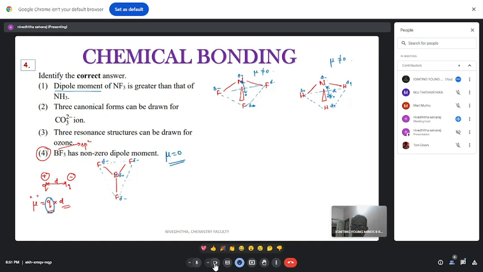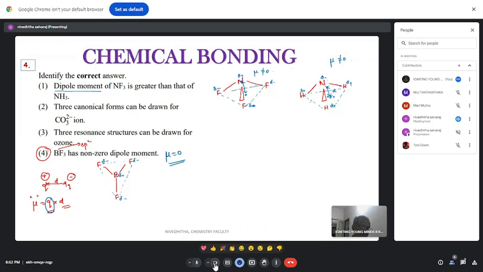But in ammonia, nitrogen is a very strong atom. This nitrogen atom can pull electrons towards itself, but hydrogen is a weaker one, so hydrogen cannot pull the electrons. So there will be more charge separation in NH3 than in NF3, because the electronegativity difference between nitrogen and hydrogen is more than between nitrogen and fluorine.